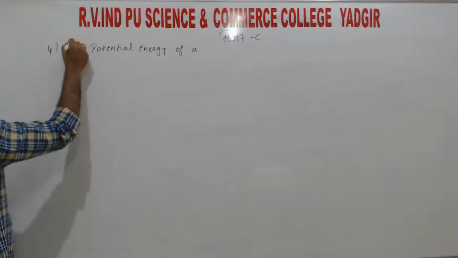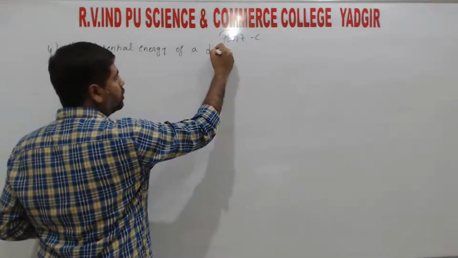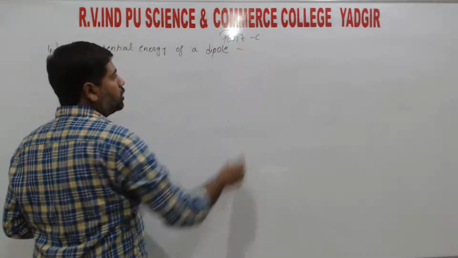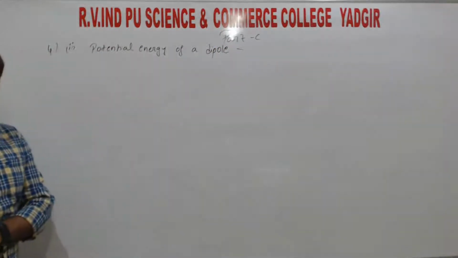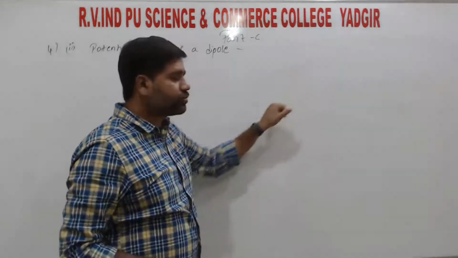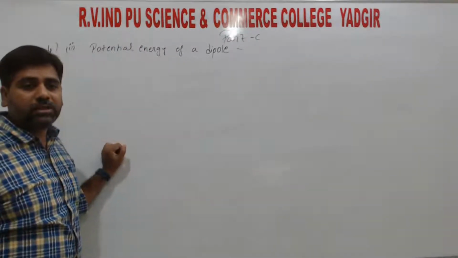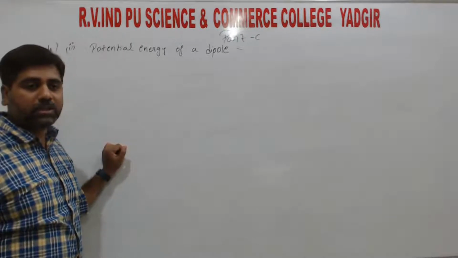Right. So fourth one, second one, potential energy of a dipole, right? So what is dipole? Dipole is defined as two equal and opposite charges separated by a small distance, right?